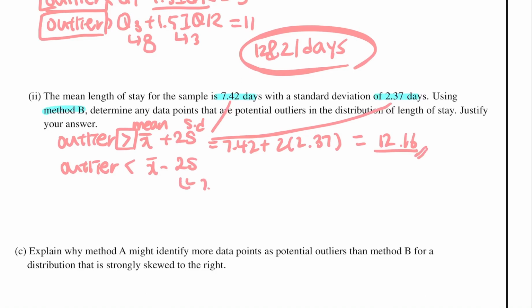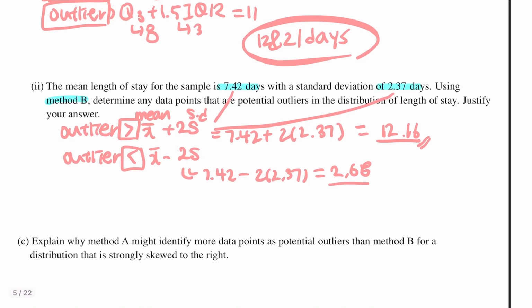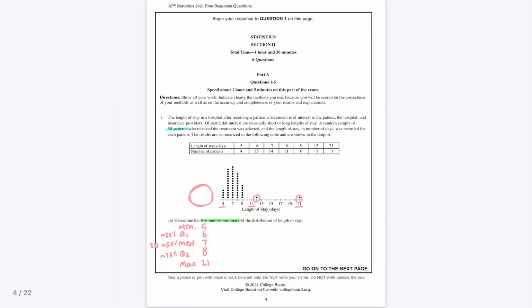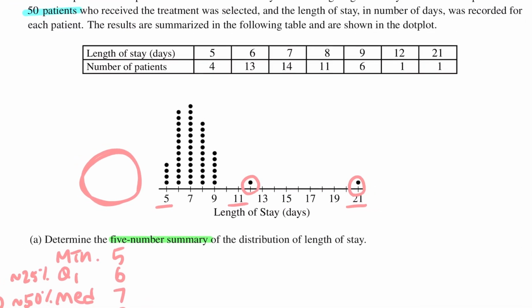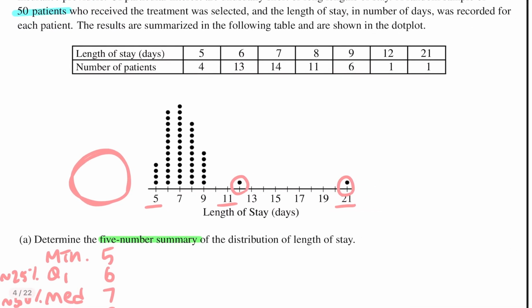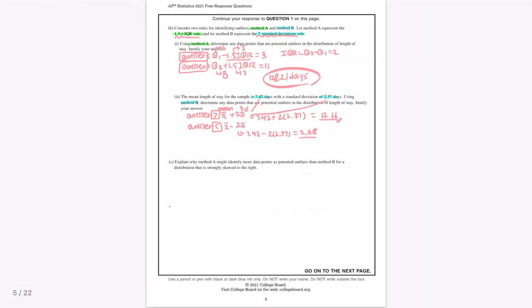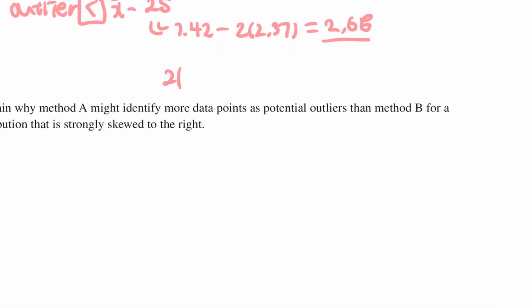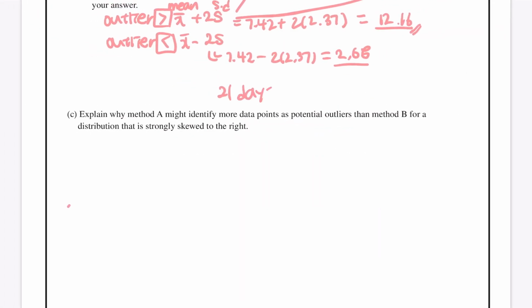Similarly, the lower boundary equals 2.68, and any number smaller than this is an outlier. Again, we have no number smaller than 2.68, but we do have a number larger than 12.16, which is 21. So 21 days is an outlier.